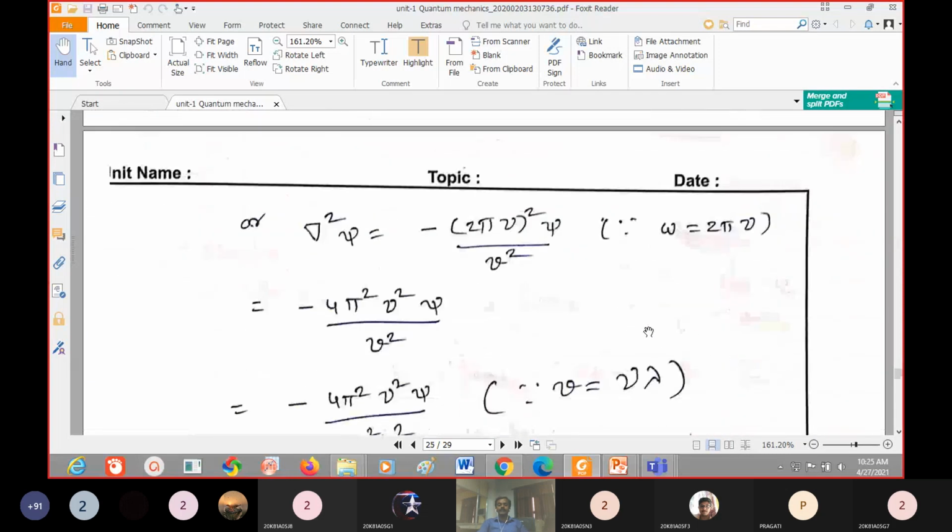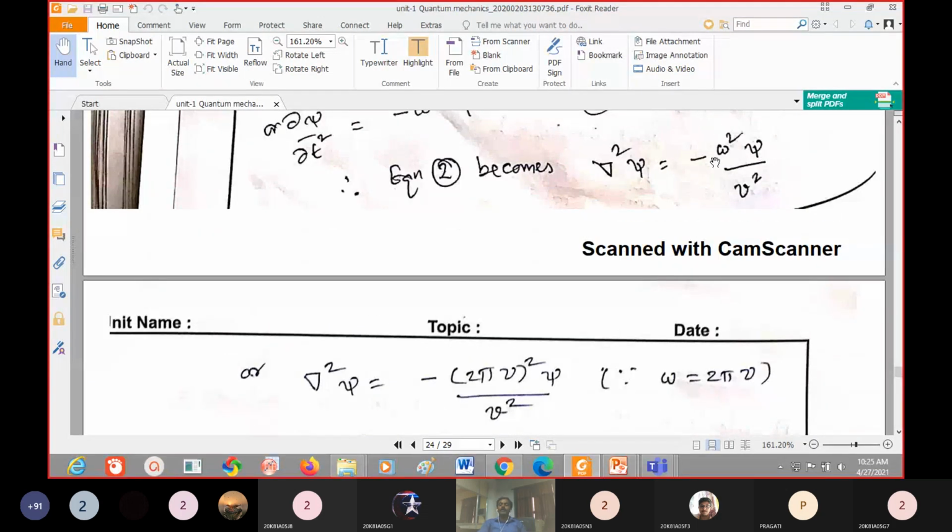Now here omega is the angular frequency. There is a relation between angular frequency and linear frequency: omega is equal to 2 pi nu. So instead of omega I wrote here 2 pi nu.